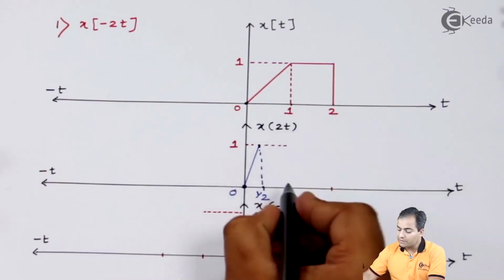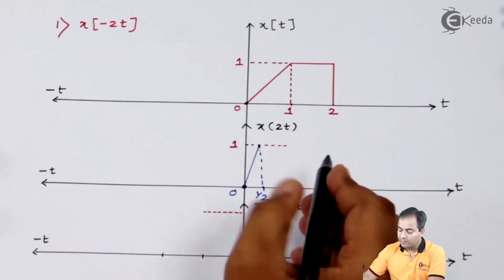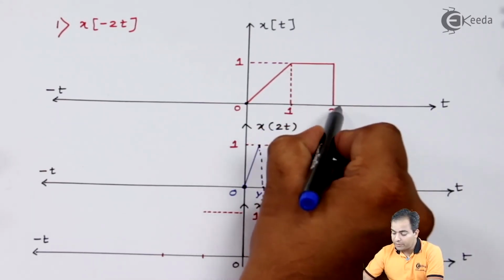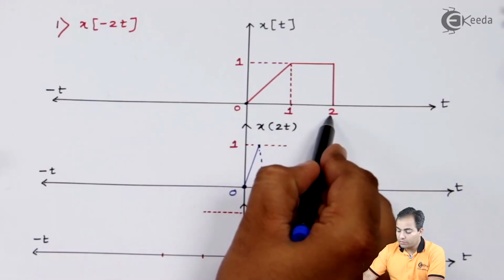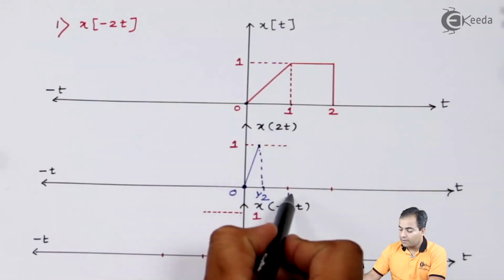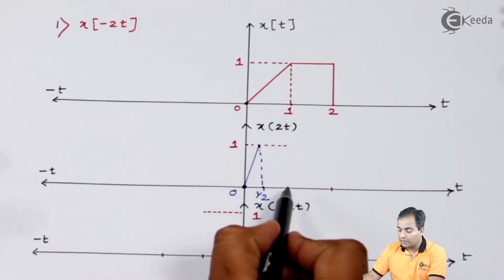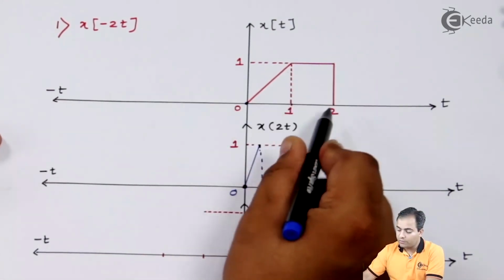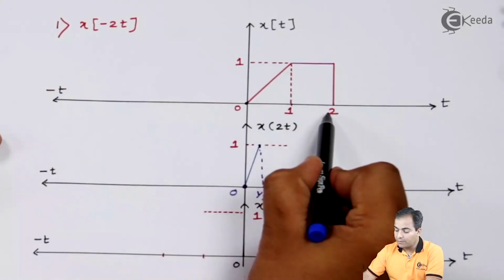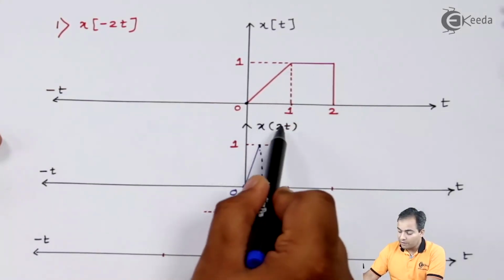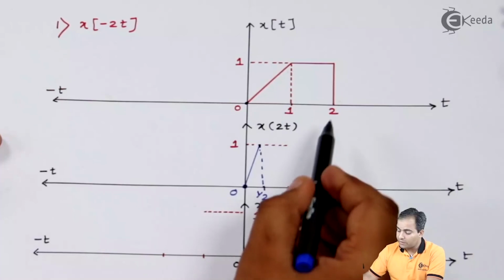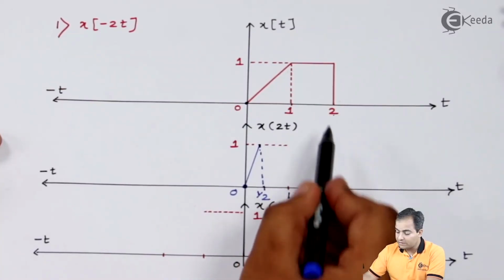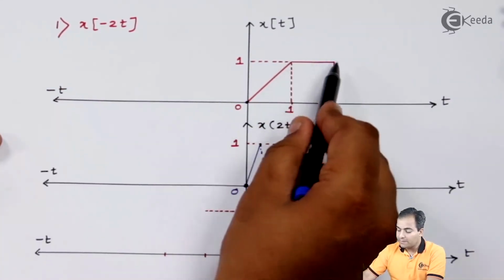The result is 1, which means whatever amplitude is present at t equals 2 will be remarked on 1. So the amplitude at t equals 2 is 1, and after performing the time scaling operation, this instant is shifted to 1 with the same graph.